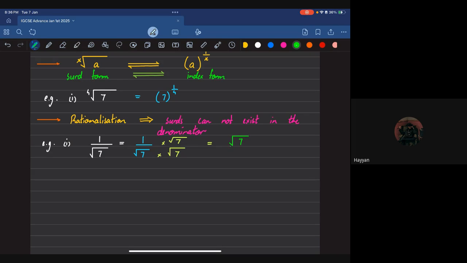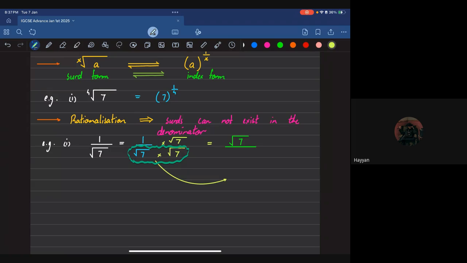But in order to better understand what your denominator looks like, we need some guidance from the indices rules.